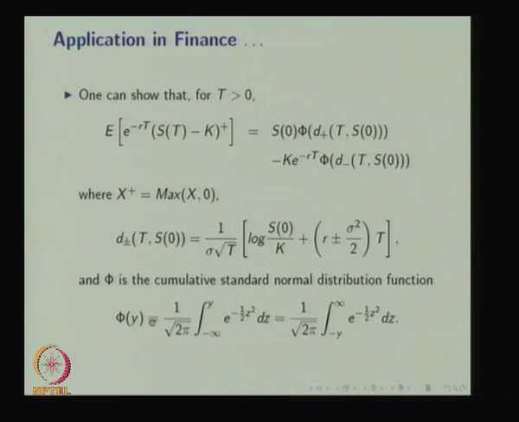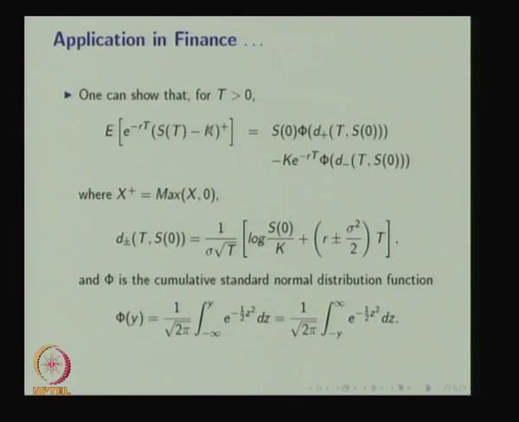Psi of y is defined as the probability that a standard normally distributed random variable lies between minus infinity and y. So either minus infinity to y or minus y to infinity, because it is symmetric.